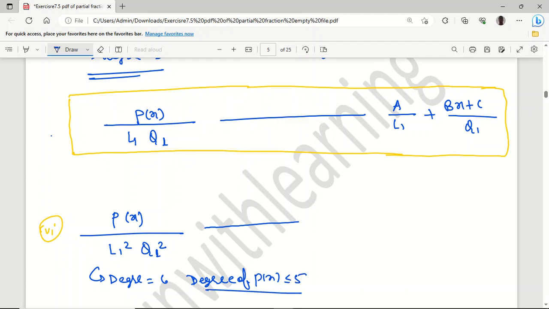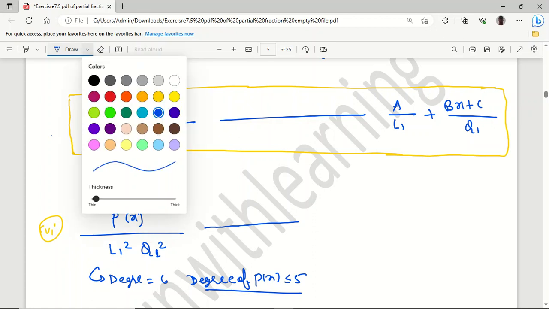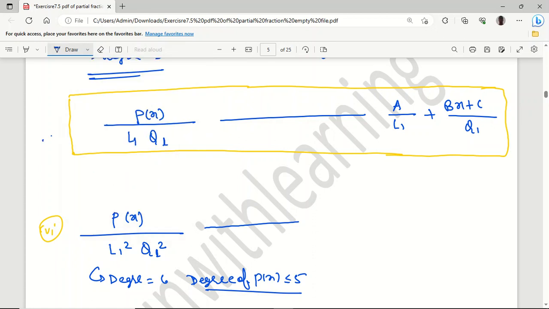Okay, so I'll break them into, now you need to guess it. Obviously we will start with A upon L1 plus B upon L1 square, plus next is again Q1.